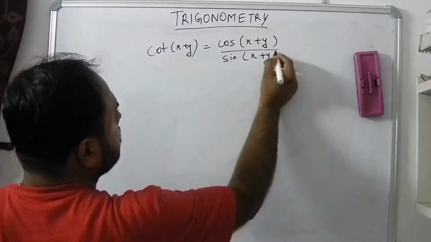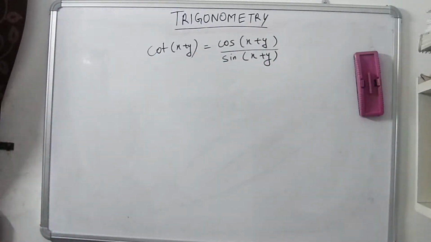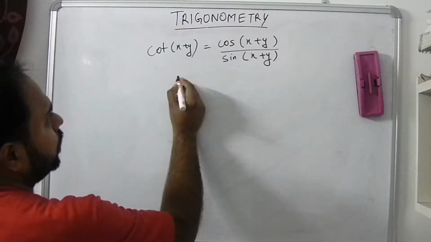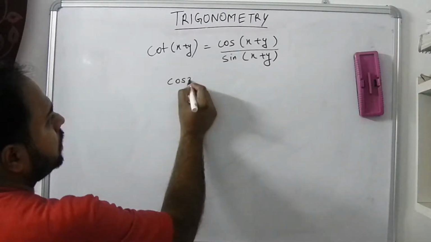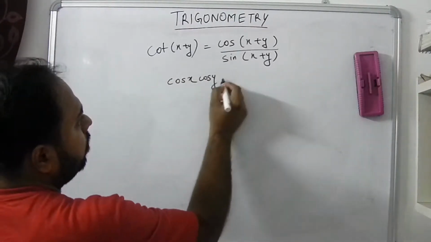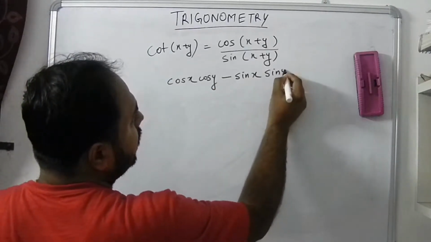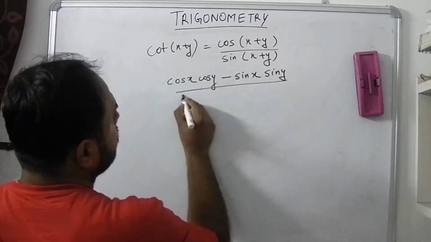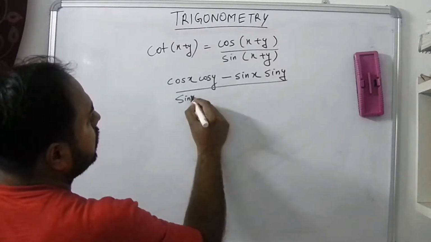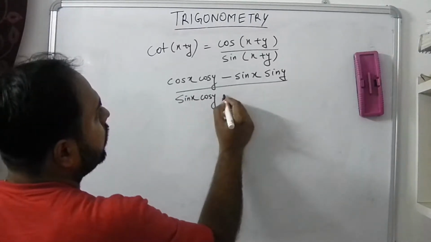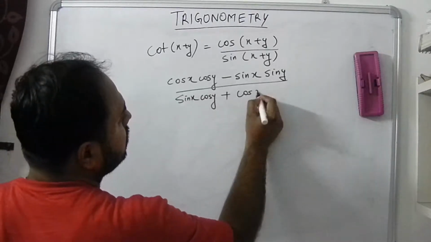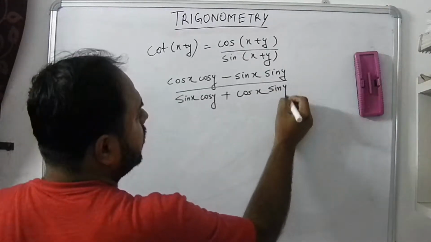This is something that we can easily write. Now we have the expansion for this. So I know the expansion of the numerator is cos x cos y minus sin x sin y, upon sin x cos y plus cos x sin y.